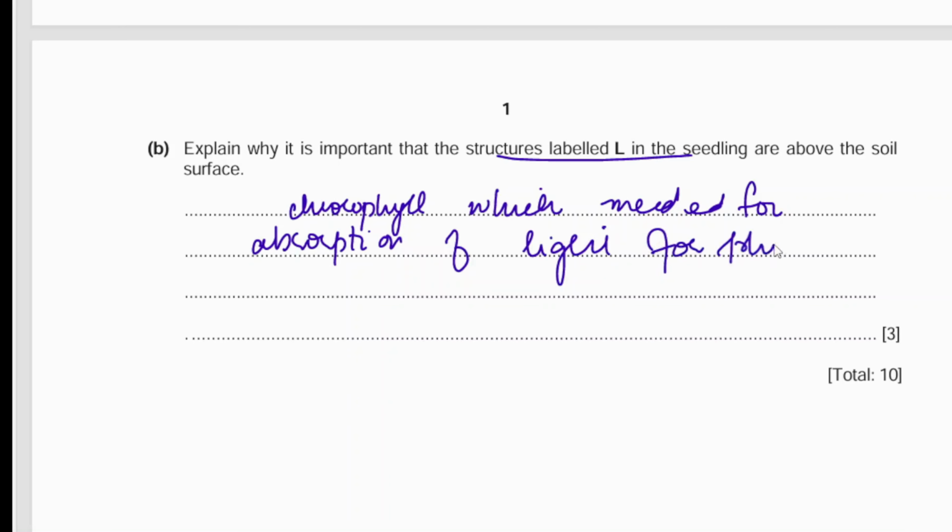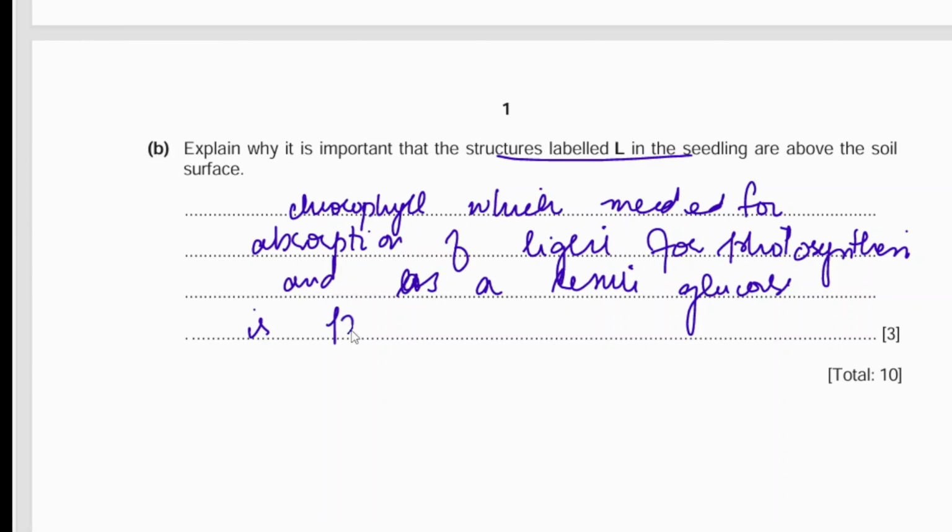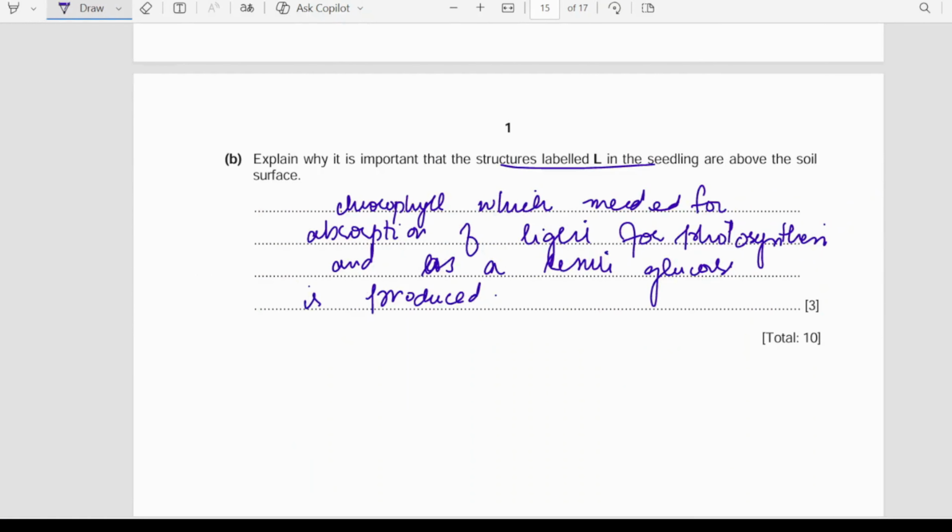And what happens in photosynthesis? As a result, glucose is produced. That is further used in growth because glucose releases energy.